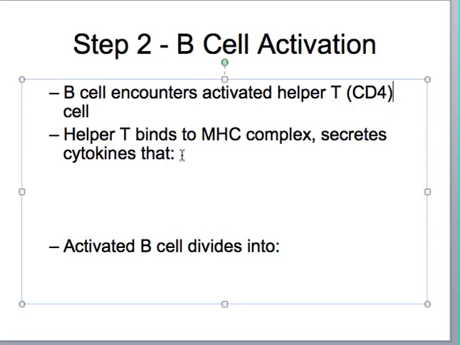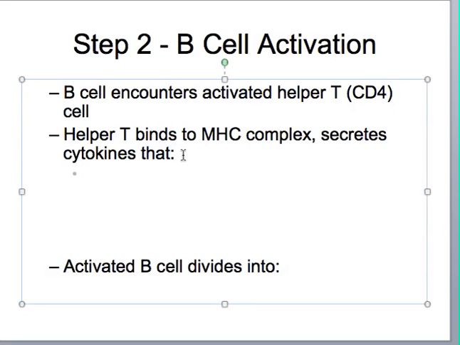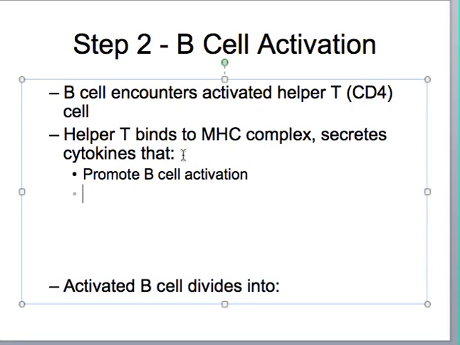What do the cytokines do? Well, in our lecture outline, we say that these cytokines are going to promote B cell activation. They're going to stimulate B cell division.